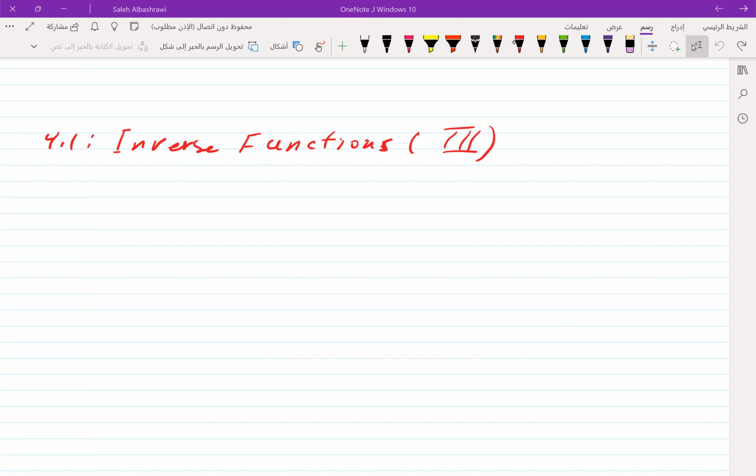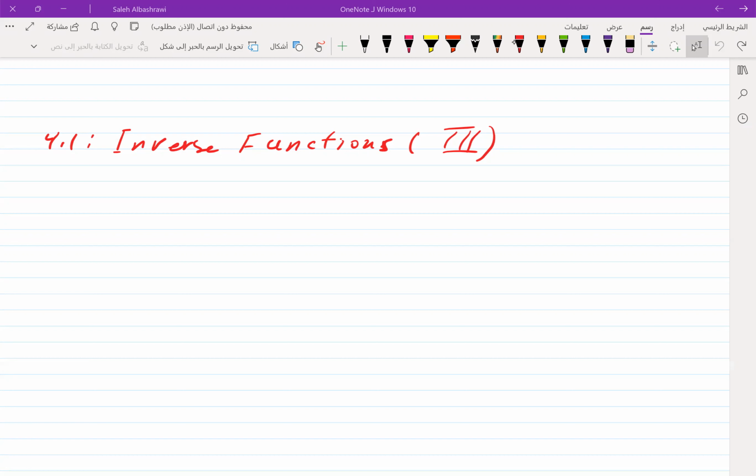So in the definition of the function, we look at the domain. If each element in the domain has only one image in the range, we call this a function. If each element in the range has only one pre-image in the domain, we call it a one-to-one function.